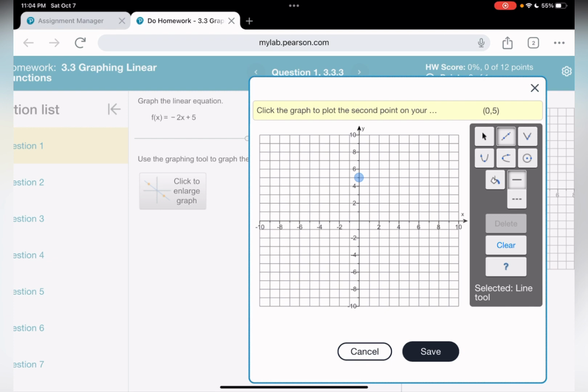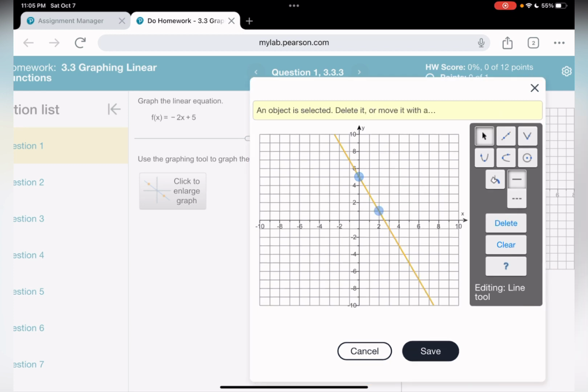I'm taking 2, it doesn't matter. You can take any value of x. X is 2, and negative 2 times 2 is negative 4. Negative 4 and 5 is 1. So when x is 2, y is 1. Two points, and the graph is done. The book is recommending 3 points, but I can assure you 2 points is plenty.